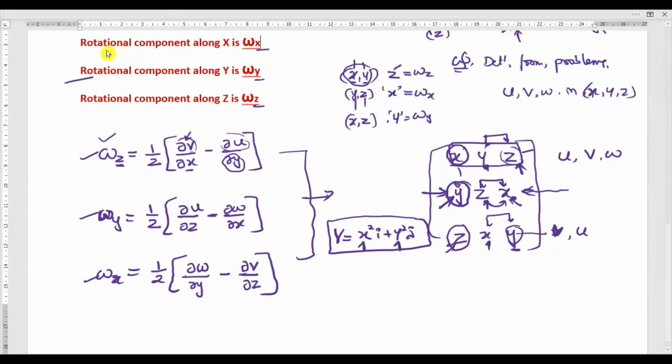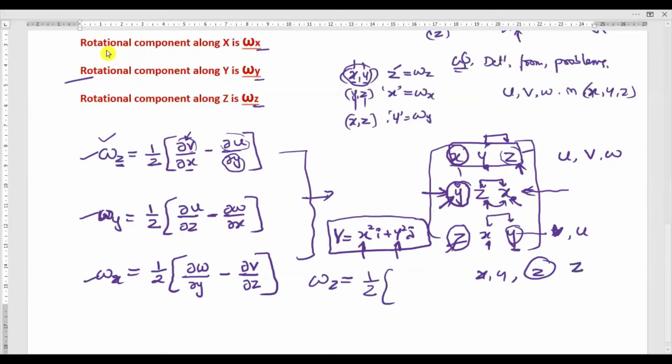And he may ask you to find out or check whether the flow is rotational or irrotational. Now you need to check rotational or irrotational. Because x plane is given, y plane is given, the rotation will be along z plane. So omega z is equal to, you need to write the formula for omega z, that is half of, first you need to consider the last term.